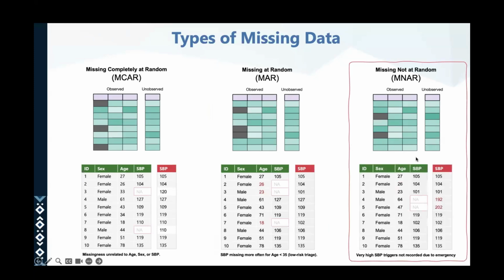In the last case scenario, we have data that is missing in the systolic, but among the data that we have before us, we do not really have a pattern. But somehow there is a reason why that data is missing, which is related to the variable itself. Like in the case of blood pressure, it could be that people showed up at that clinic in hypertensive emergency.